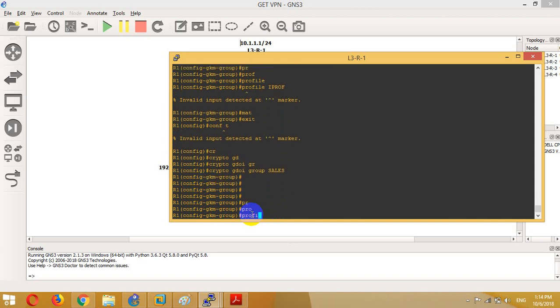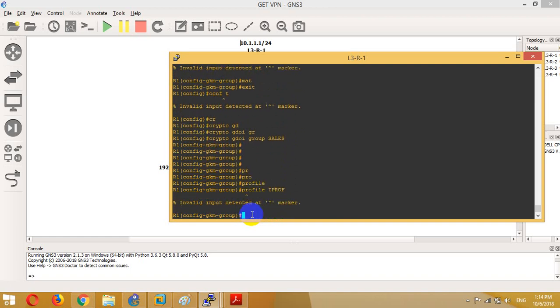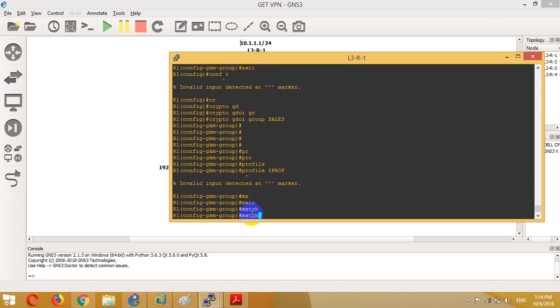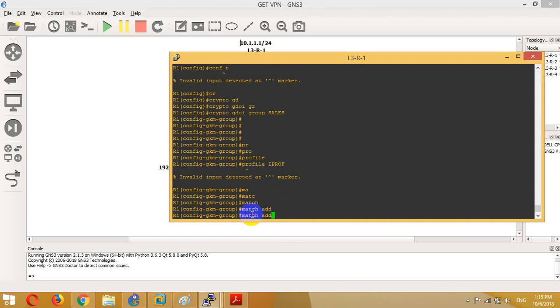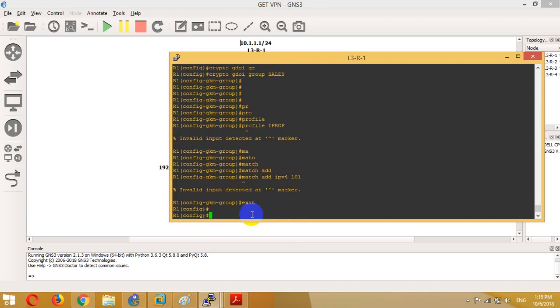Profile iProf. Then match address IPv4 101. Okay guys, let's see something here.